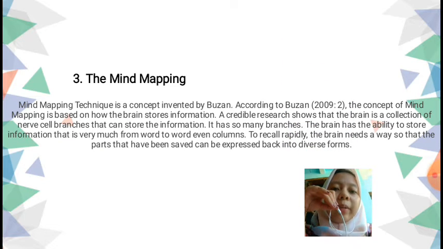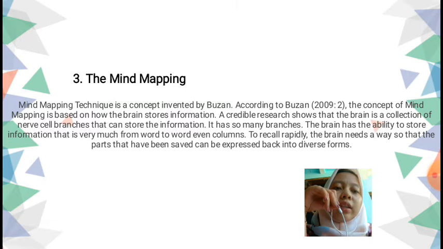And the next, the mind mapping. The mind mapping technique is a concept invented by Buzan. According to Buzan in 2009, the concept of mind mapping is based on how the brain stores information. Credible research shows that the brain is a collection of nerve cells that can store information.